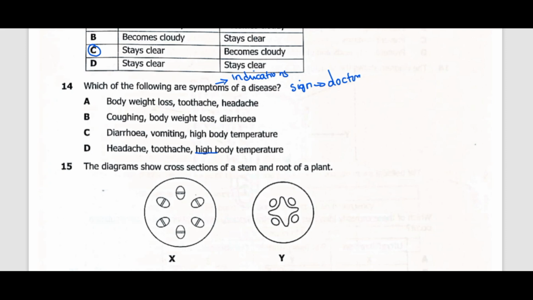So according to my studies and the knowledge that I have for now, I think there is no answer here, because among these there is always a sign: body weight loss, vomiting, high body temperature. So here we have no answer according to my studies.